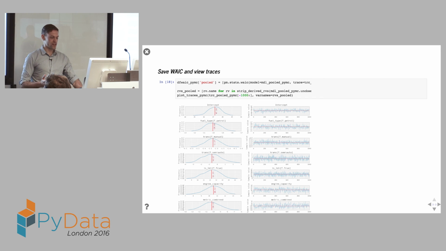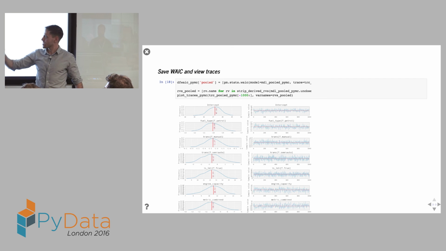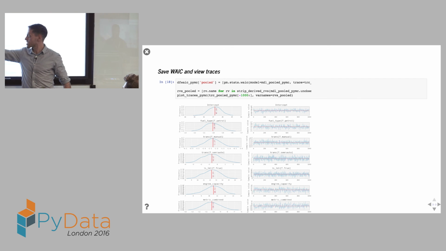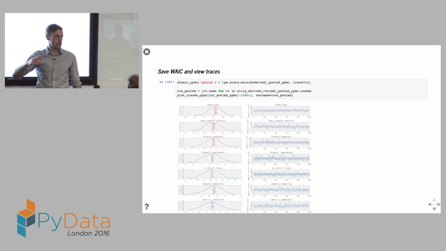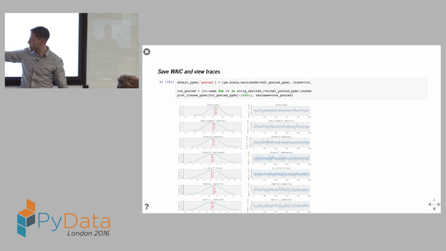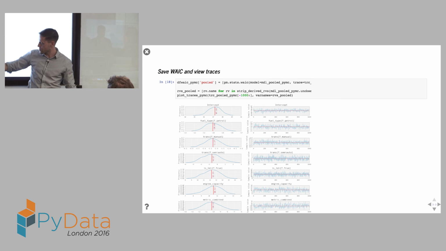So, right. I can run the model. I can take my traces. These are the final 1,000 traces. These are the density distributions of those parameters. This is the marginalized posterior probability of the intercept, the values for petrol, manual, whether it's semi-auto, turbo diesel, engine capacity, and so on.